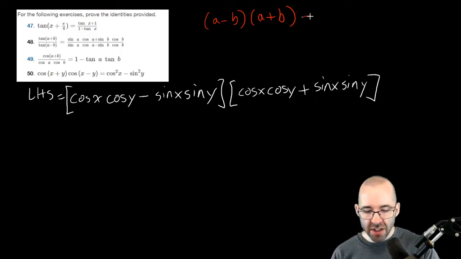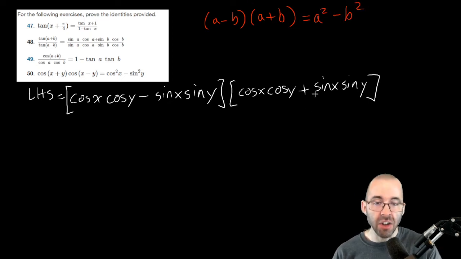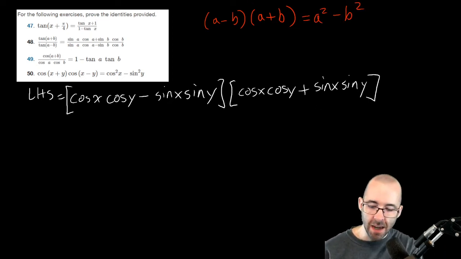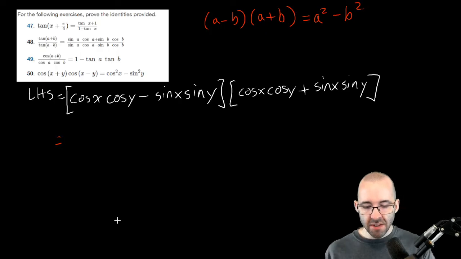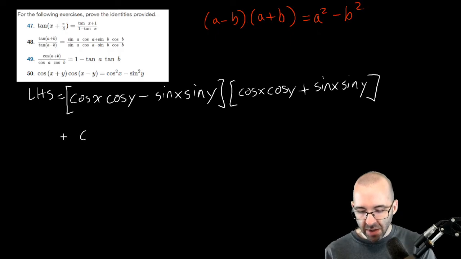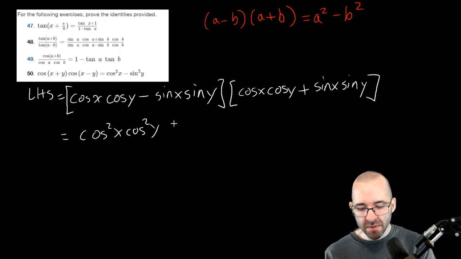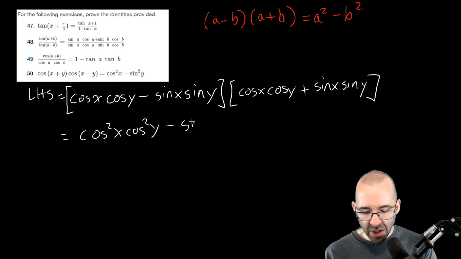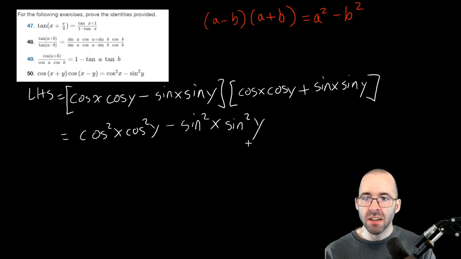If you can recognize this, you'll save yourself a little bit of time and effort. So what's the first thing squared? That's going to be the cosine squared of x, cosine squared of y, and then minus the second thing squared. Sine squared of x, sine squared of y.